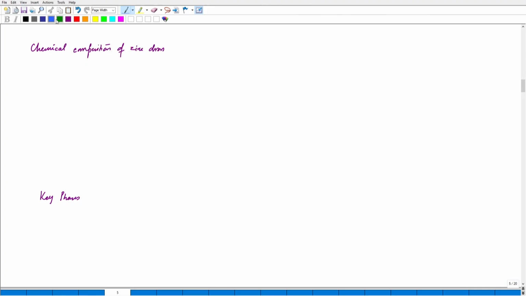Now, we will now look at the chemical composition of zinc dross, because that is how we discuss wastes. We know that it is a very important raw material, but we will see how much zinc can be present or is available for extraction, and that gives us motivation for developing the recycling routes for zinc dross. So, we will make the table.